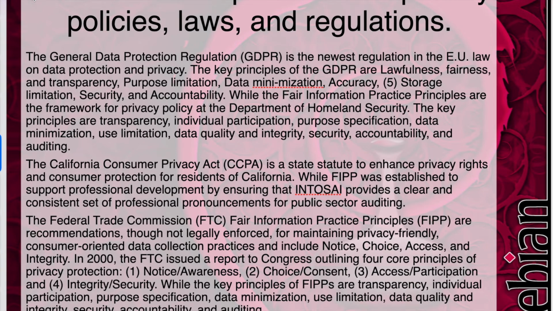The Federal Trade Commission has fair information practice policies, which are recommendations, though not legally enforced, for maintaining privacy-friendly, consumer-oriented data practices. There are certain outlines given by Congress for the core principles of the policies, which are notice and awareness, choice and consent, access and participation, and integrity and security.